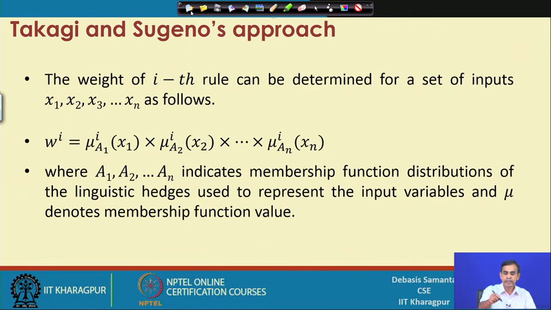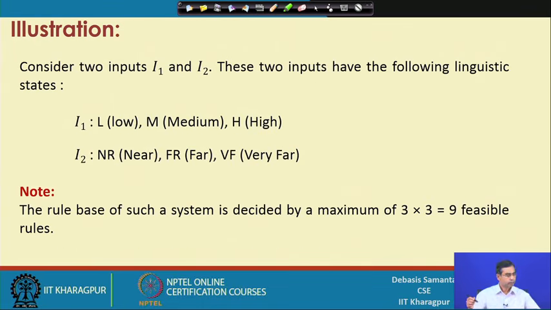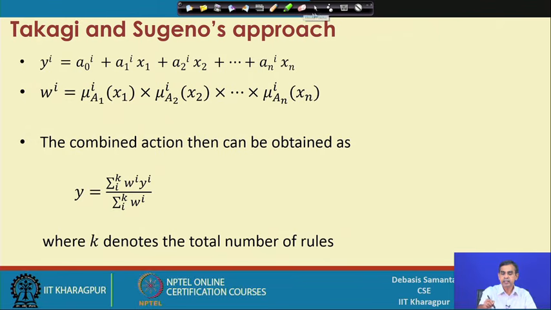Now, after the weight is calculated, the next step is to calculate the output value, called y_i. As I told you, y_i is associated with each rule, and this is the y_i value for the ith rule, and this is the weight for the ith rule that we have calculated in the last step.